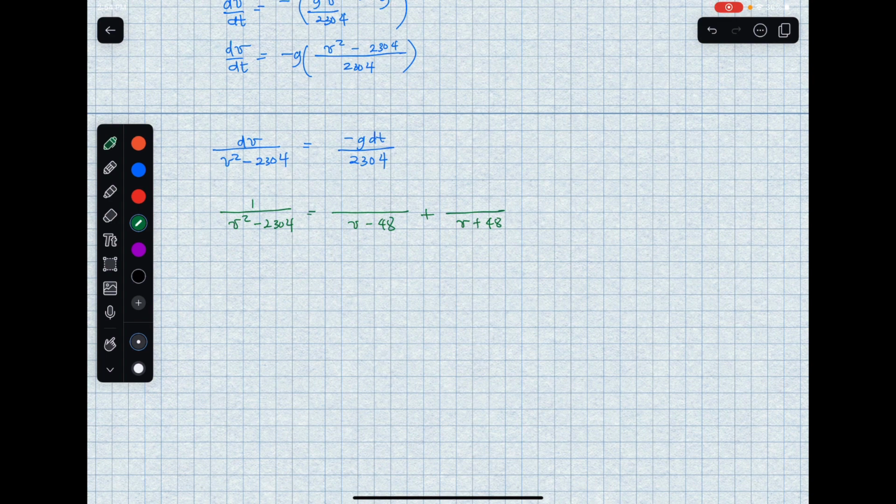The factors are v minus 48 and v plus 48. Using partial fractions with A and B, 1 equals A times v plus 48 plus B times v minus 48.